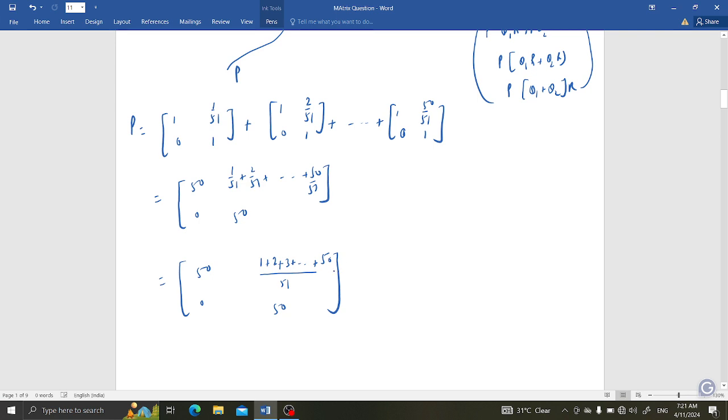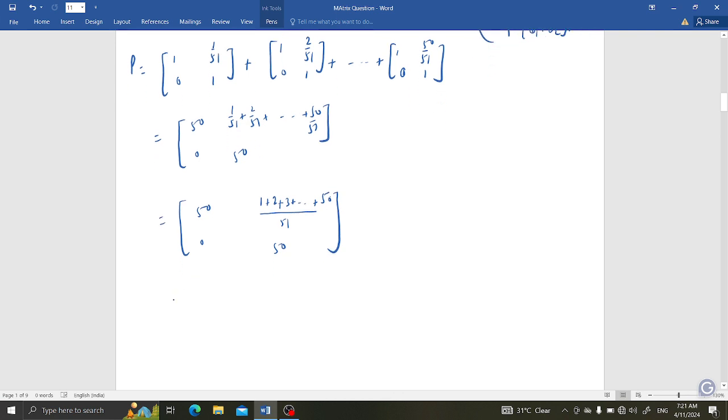Okay, so what we have here? 50, 0, 50, the sum of first n terms. Sum of first n terms is n into n plus 1 upon 2.